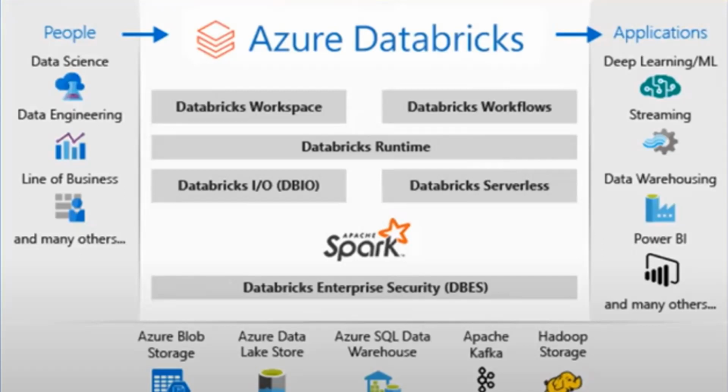So line of business is a component your business analysts will also be interested in. They are also people who need to access Databricks. So you have data scientists, data engineers, business analysts, and of course any other people who would be interested in your services.